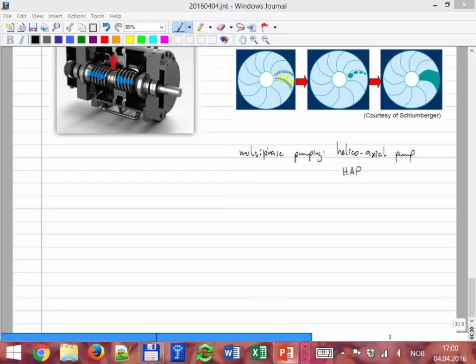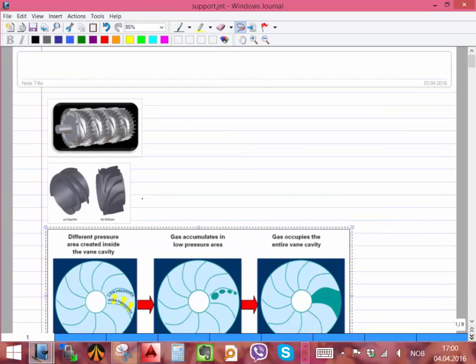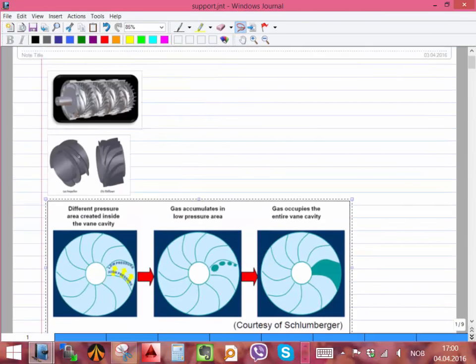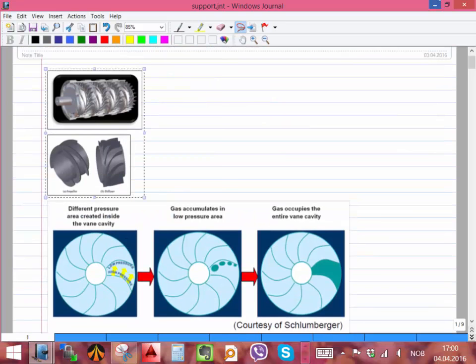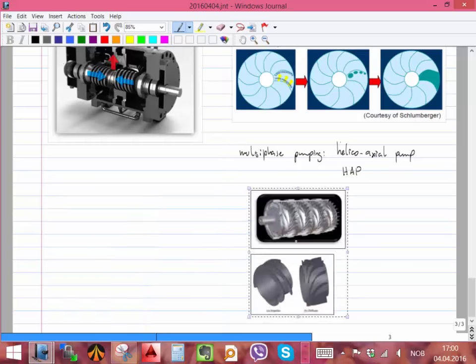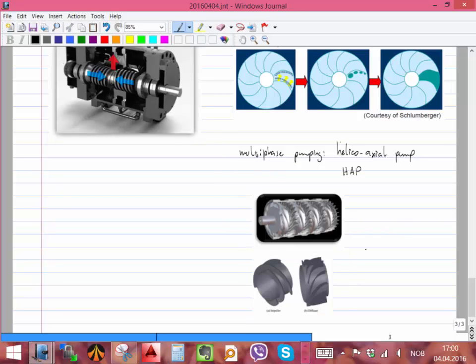Let me find the picture very quickly. Okay, it's actually this type up here, and that's the preferred, the most common multi-phase pump. Some of them in the world are twin screw pumps, but most of them are helicoaxial pumps.